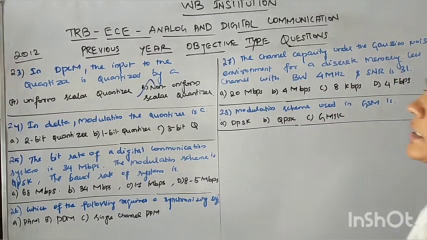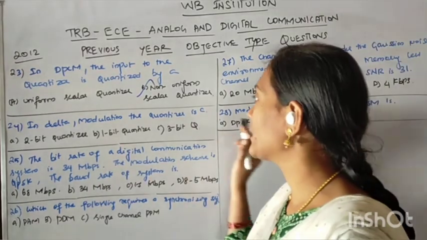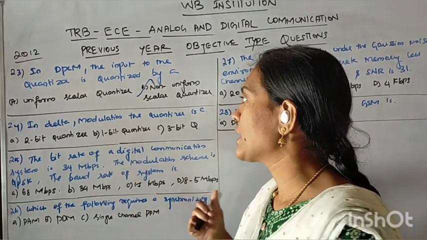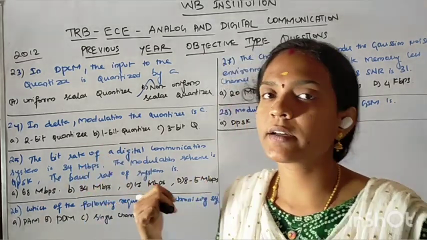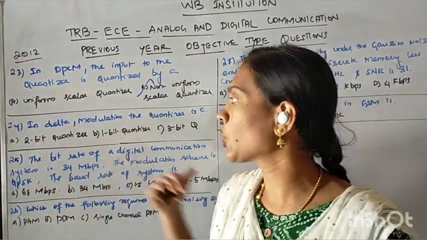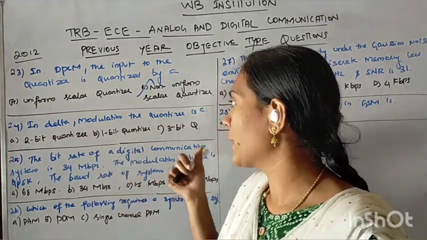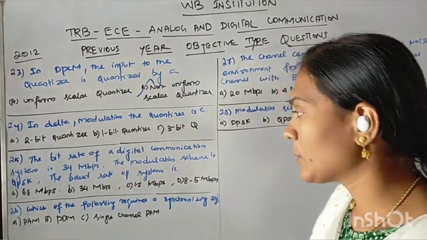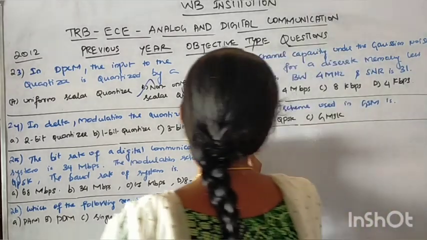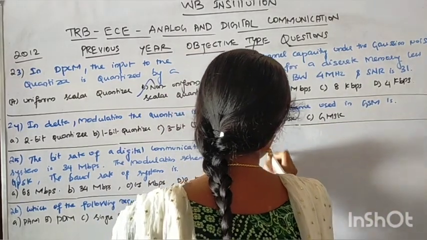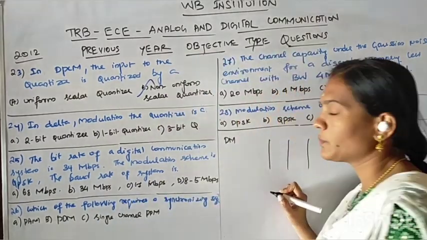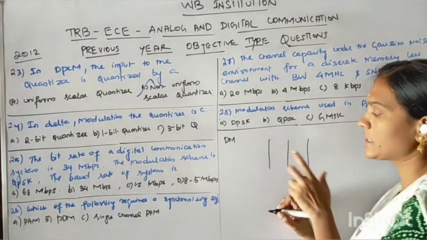And next question, in delta modulation the quantizer is ___. So in delta modulation, they are asking how many bits we give to the quantizer. There are 4 options: 2 bit, 1 bit, or 3 bit. We know that in delta modulation, these are the samples.